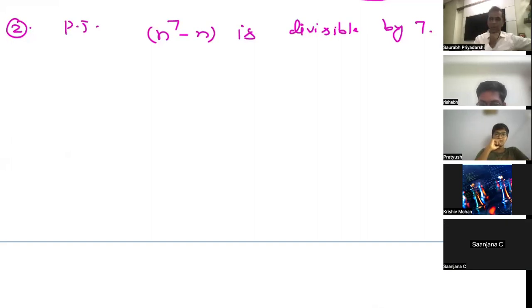Modular congruency will not work in this. Somewhat we can do, but yeah, without calculus. Obviously without calculus.